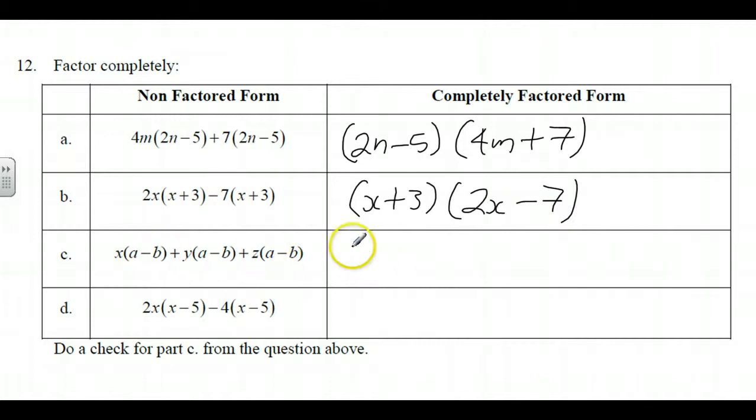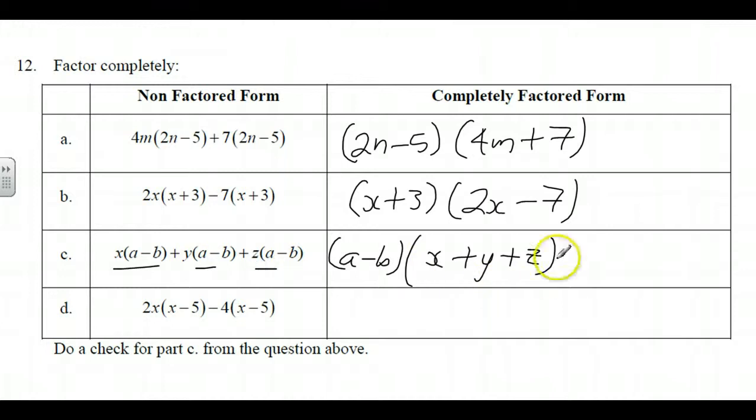We have a common binomial factor of a minus b. Okay, since they're binomial factors, make sure it's always in brackets, right? We're always going to bracket our binomials. What's left? X plus y plus z, right? Because there are 3 terms here, so it's going to be 3 here, which will give us that trinomial.